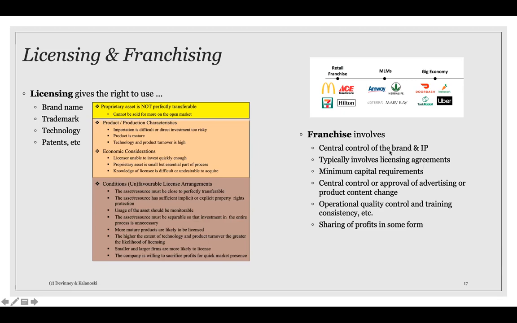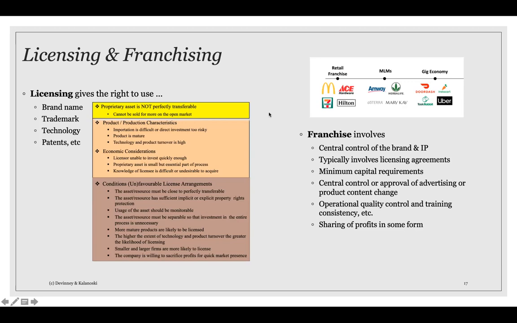Licensing agreements, which means that people have to keep to the rules. Minimum capital requirements, so there's a co-investment on the part of the franchisor and the franchisee. Control of image, control of advertising, control of operational quality, particularly in things like restaurants, and then a profit sharing arrangement.